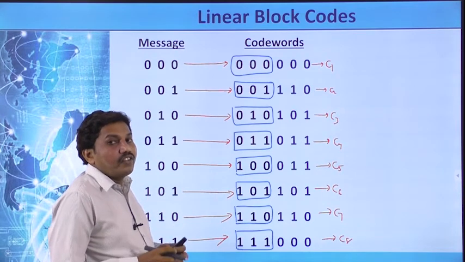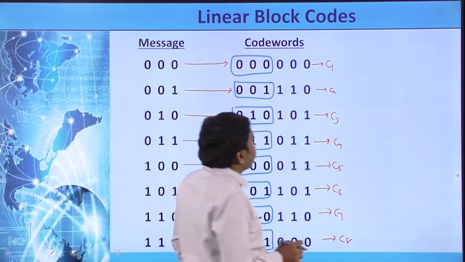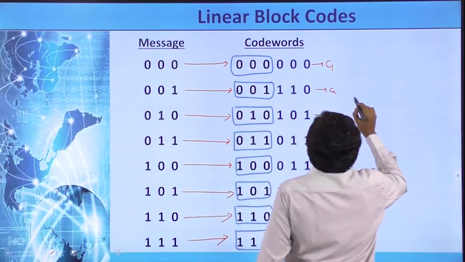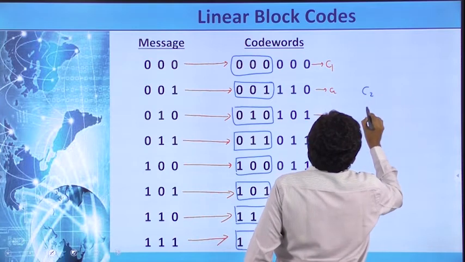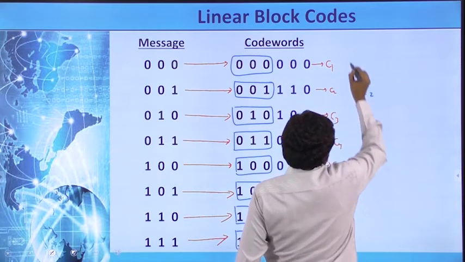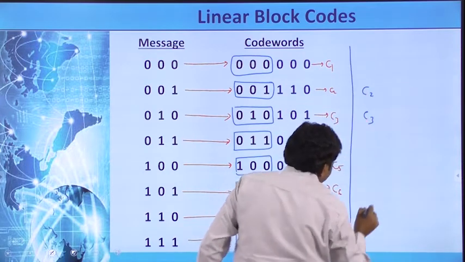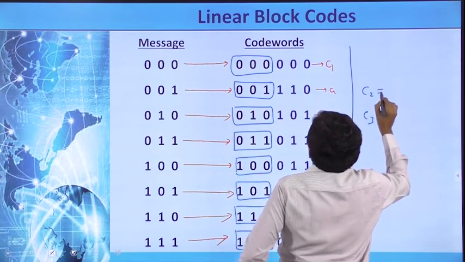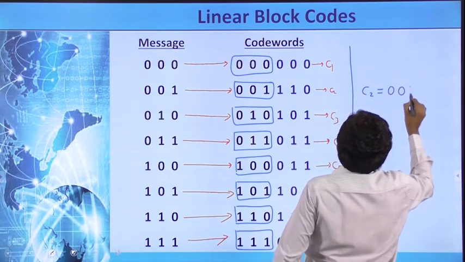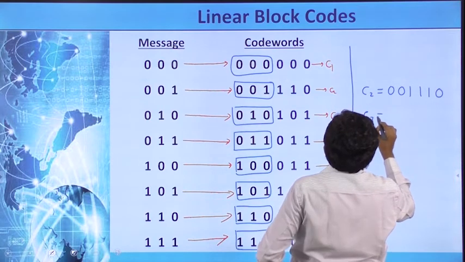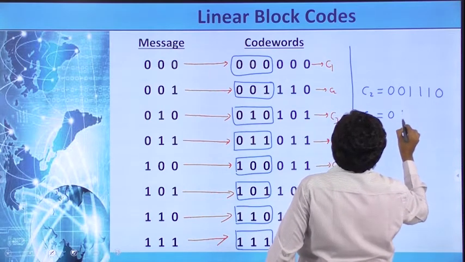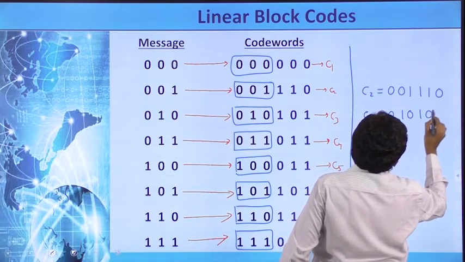Linear. How to verify the linearity? Let us consider C2 and C3. C2 is 0 0 1 1 1 0, whereas C3 is 0 1 0 1 0 1.